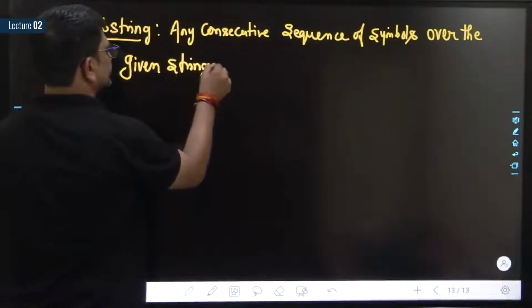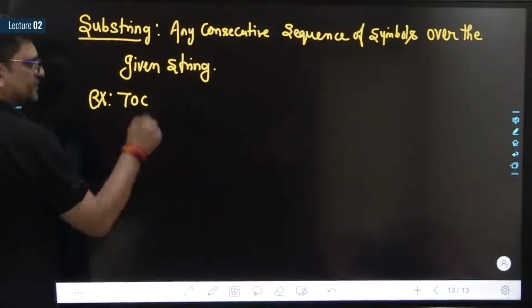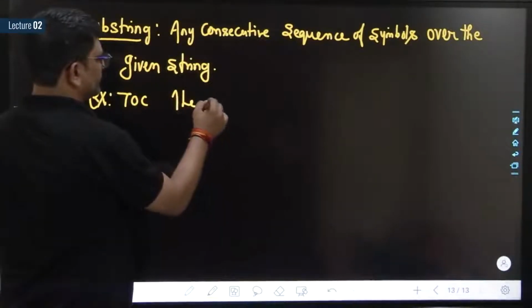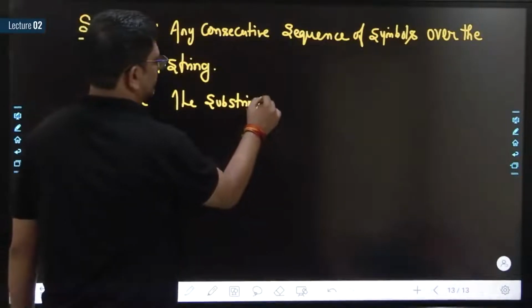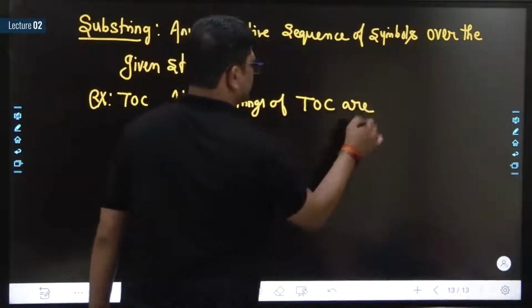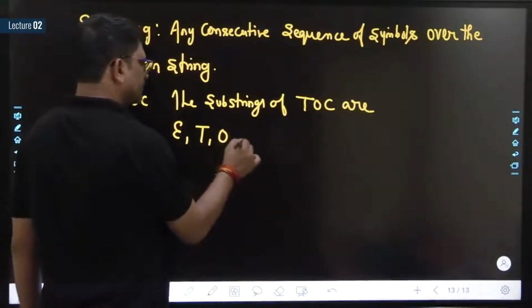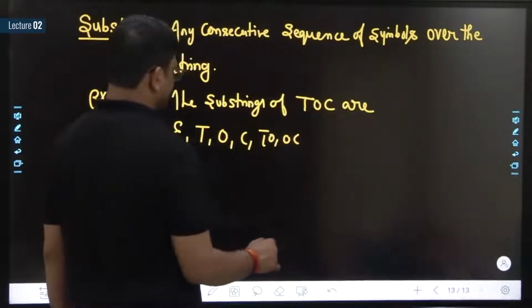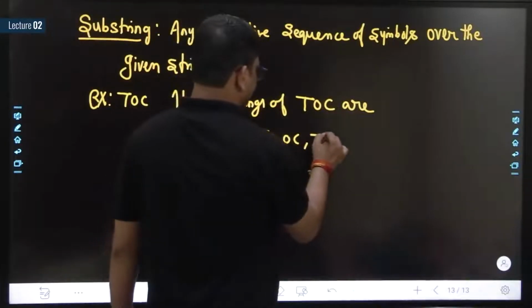For example, TOC. The substrings of TOC are epsilon, T, O, C, TO, OC, TOC.